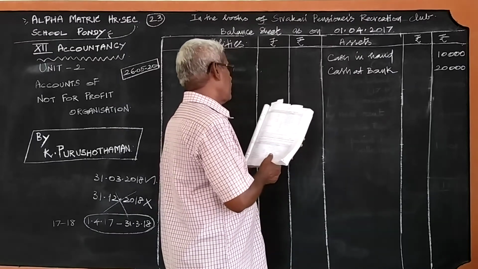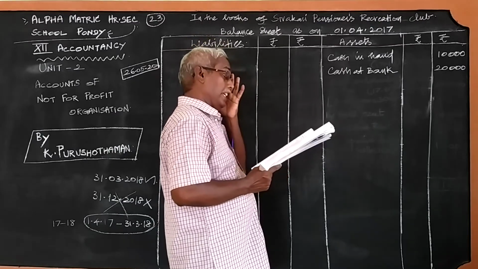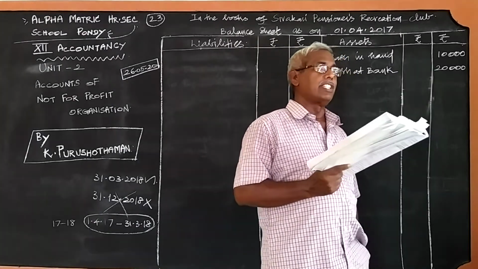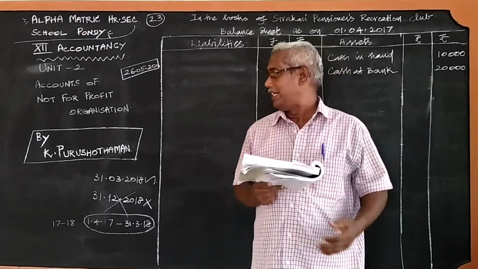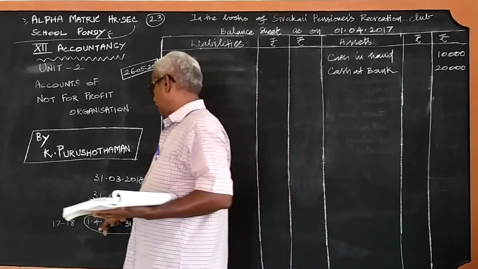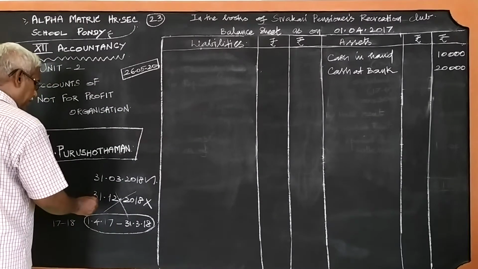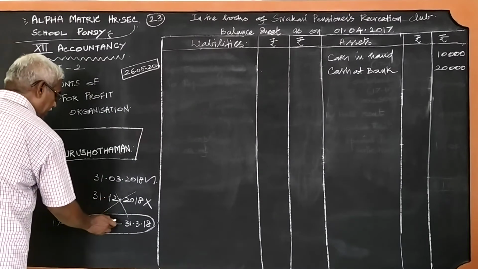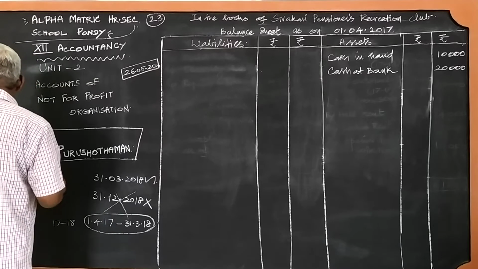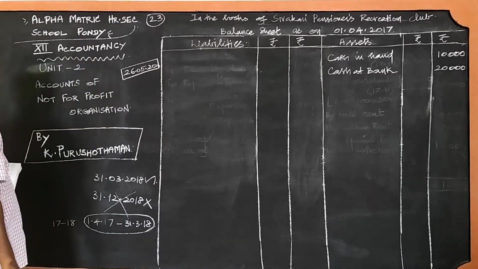Subscription 2016-17. Listen very carefully. These are all the receipts received under 17-18. During this period, an amount of rupees 5,000 was received for 16-17.